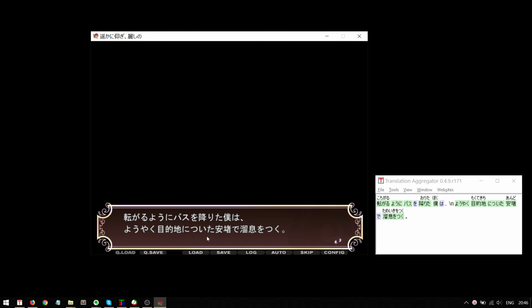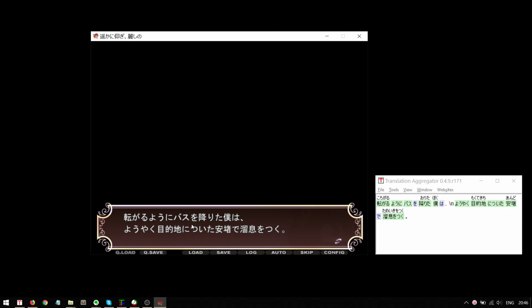However, because it's past tense or present tense, this is just modifying. So, ようやく目的地に着いた安堵. That means a specific type of relief, the relief from having finally reached one's destination. So, he finally reached the destination and breathed a sigh of relief after half falling off the bus.